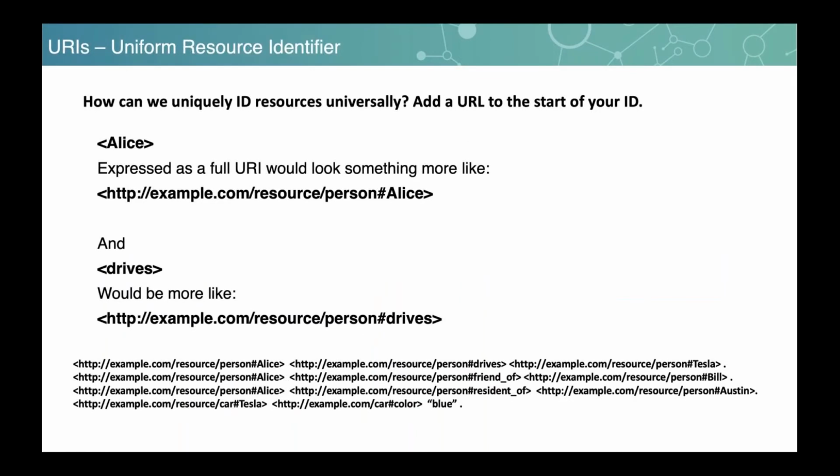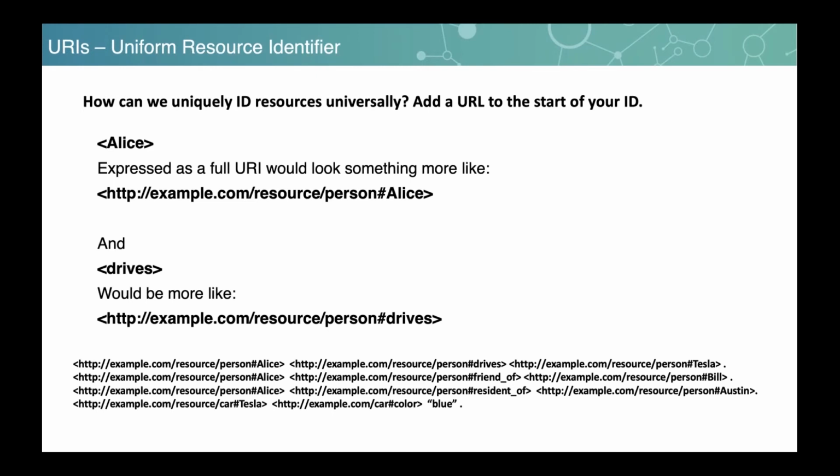One of the nice things about RDF is that you can create universal identifiers. So your data can be unique anywhere in the world. The way this is done is similar to the way that the World Wide Web uses URLs to make sure that everyone has a unique home on the web. So you can put what we call a URI, a uniform resource identifier, like an HTML path, right?